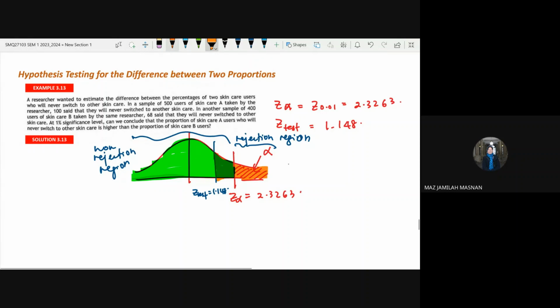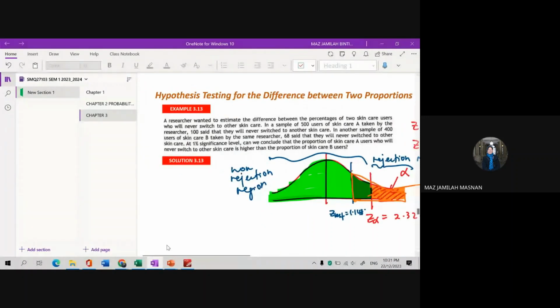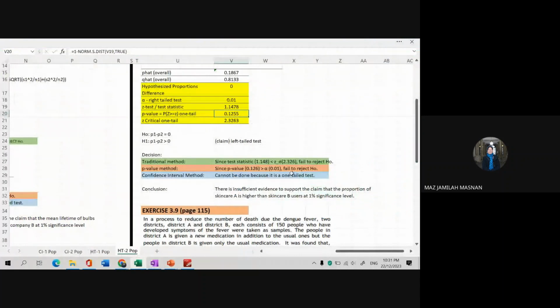The whole area here is the p-value. The p-value area is greater than alpha, so that's why in the decision making, we fail to reject the null hypothesis. For the confidence interval method, we cannot use it because it is a one-tail test.